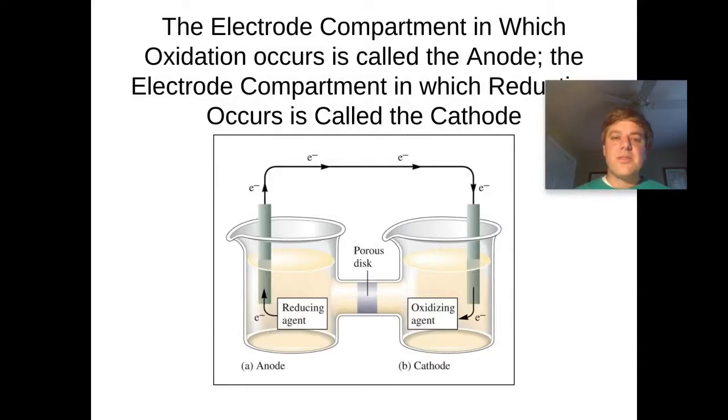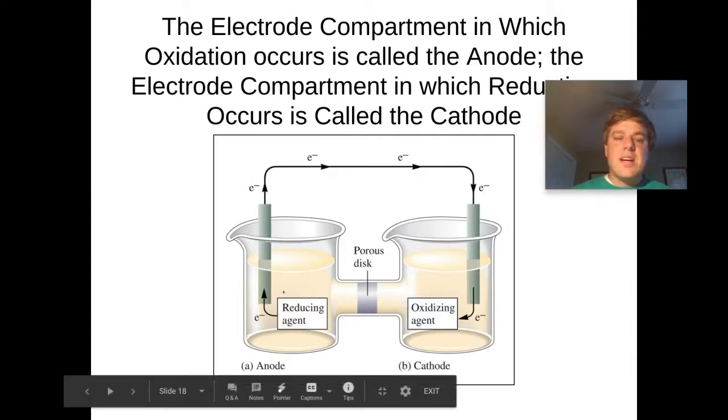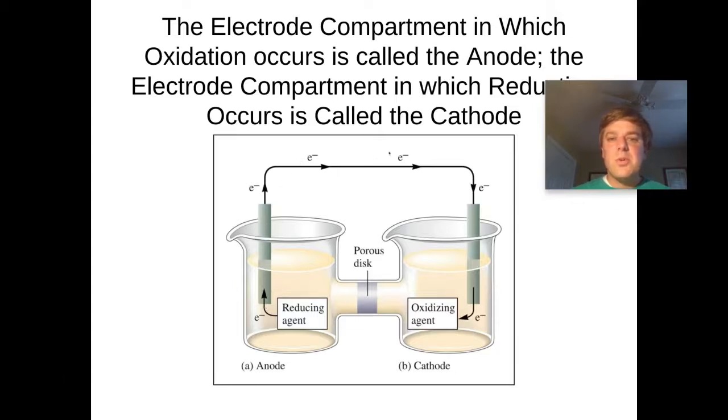So this kind of shows you have your anode where oxidation takes place. Ignore these terms, reducing agent and oxidizing agent. But over at your anode is oxidation, where electrons are being lost, and electrons will flow through a wire over to where you have reduction, and electrons are being gained.